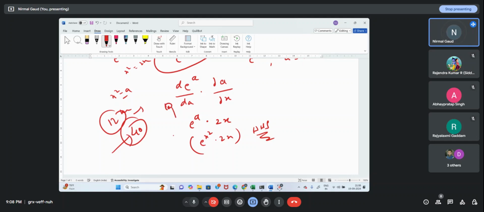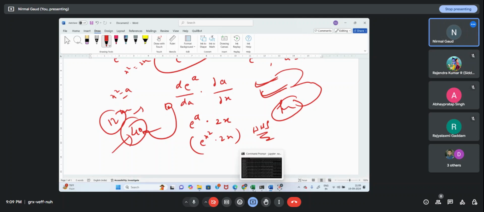In the entire 12th syllabus we start studying from functions, then limits, then differentiation, differentiability, differential calculus, and integral calculus. Okay, all these things we study.